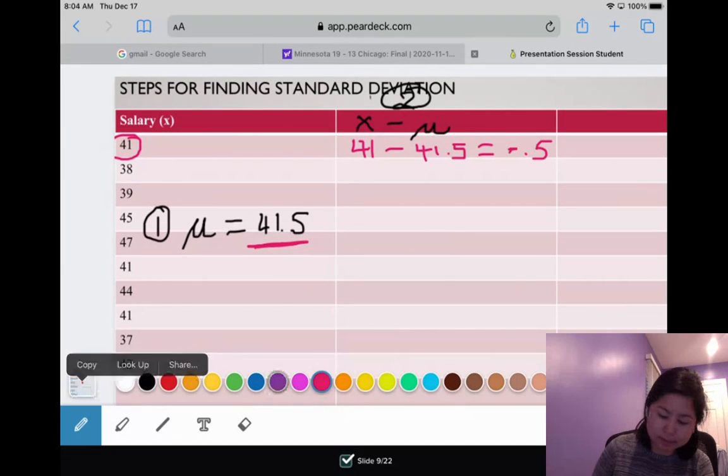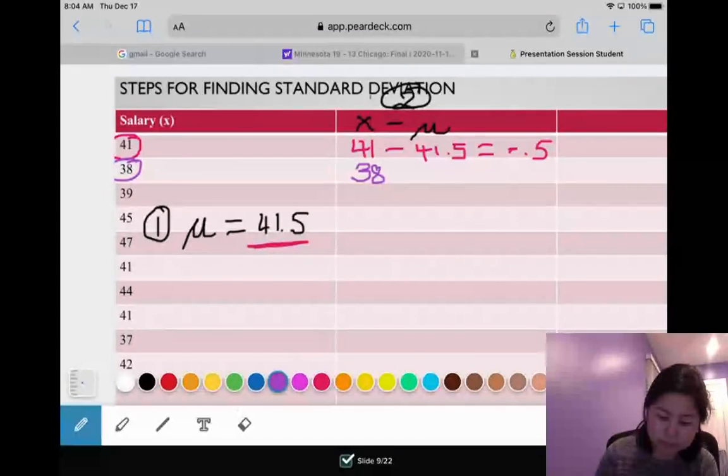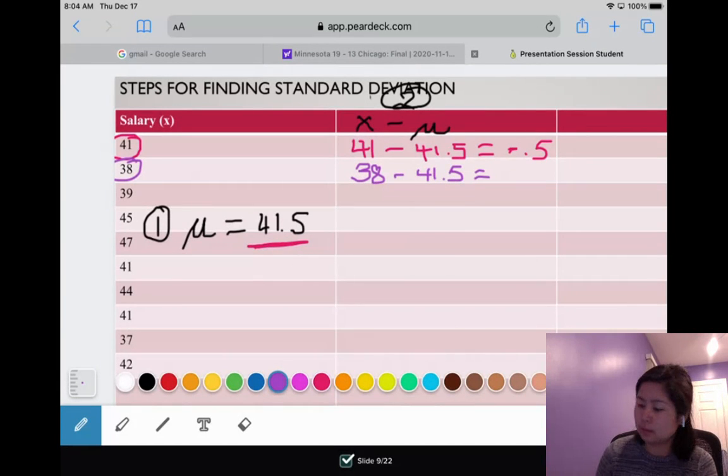I'm going to do the same for all of them. So I'm going to do the next one, 38 minus 41.5, and we got negative 3.5.